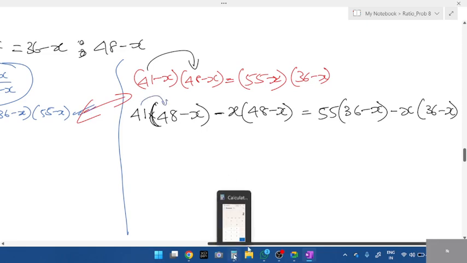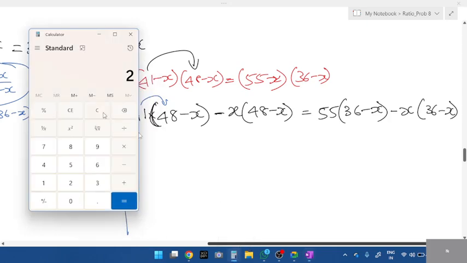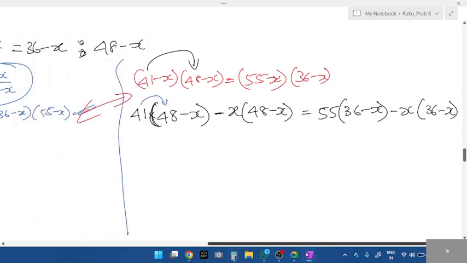Calculate. Okay, let me write it. Look here. 41 into 48. What's the answer? 1968. Let me write 1968. Then which one you have to multiply? Minus 41. Then multiply.